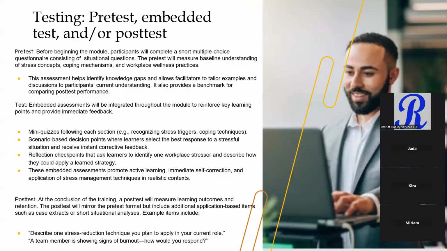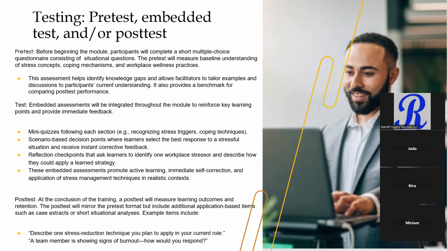To pick up off what I left at, the testing part comes with the pre-test, embedded test, and the post-test. In the pre-test, before beginning the module, we'll give out a short multi-question questionnaire consisting of situational questions.